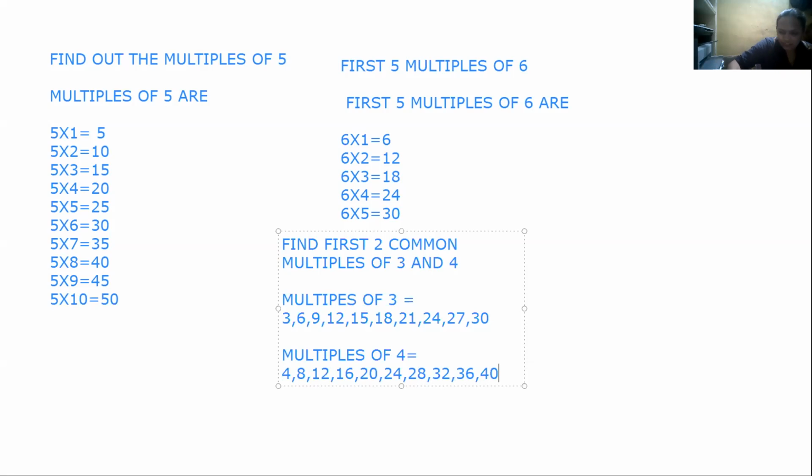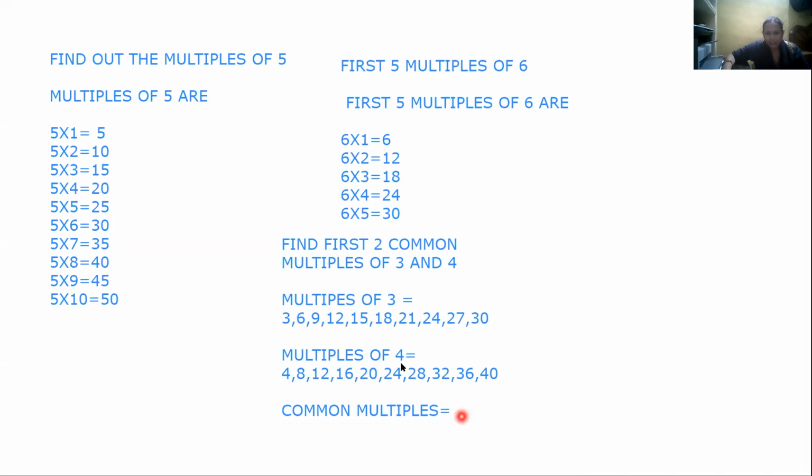Now let's check out the common multiples, right? So what are the common multiples? Now see here. 4, 8, 12. Now the first is 12 here and 12 here, right?